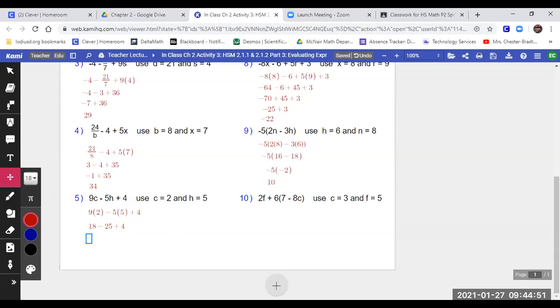So are those the same sign? Are the 18 and the 25 the same sign? No. So when they're not the same sign, what do we do? Subtract, and then what?